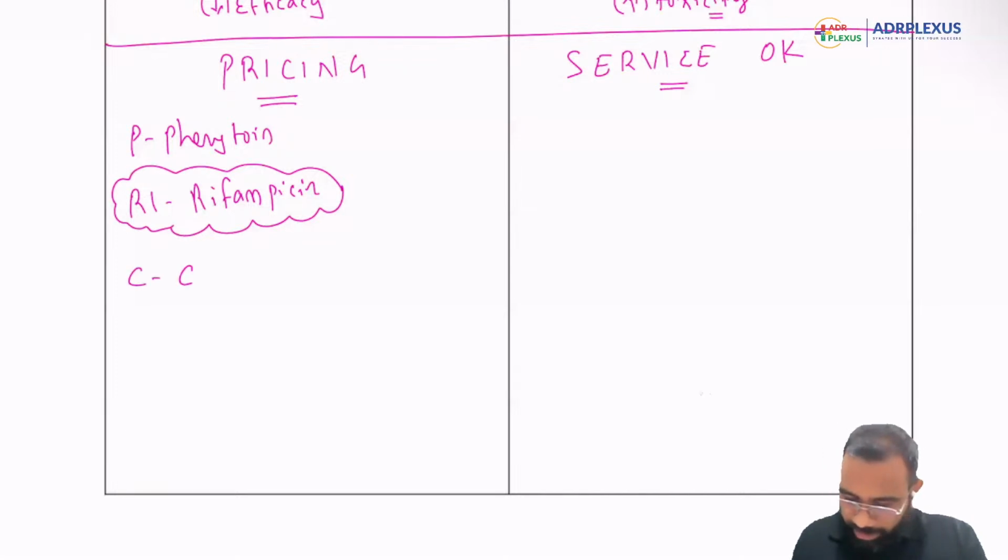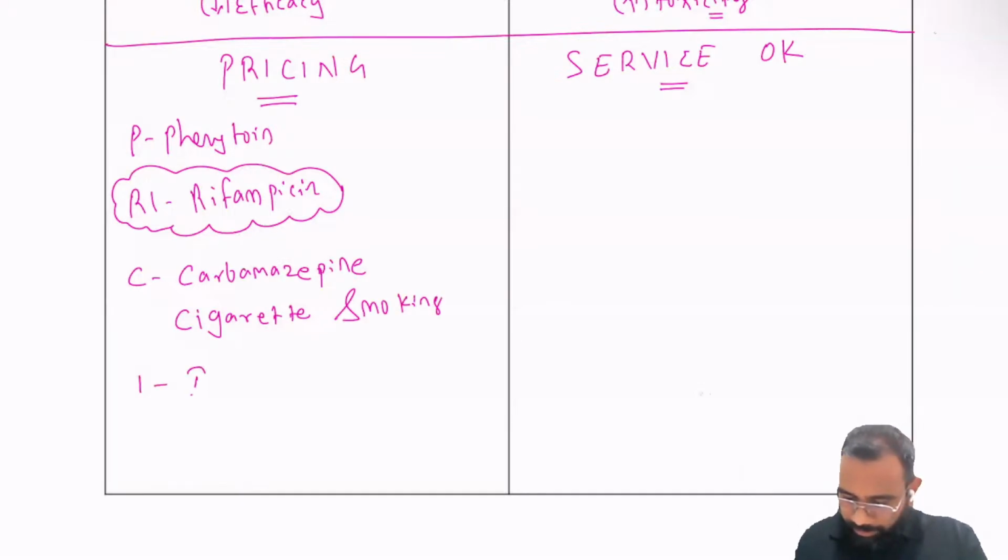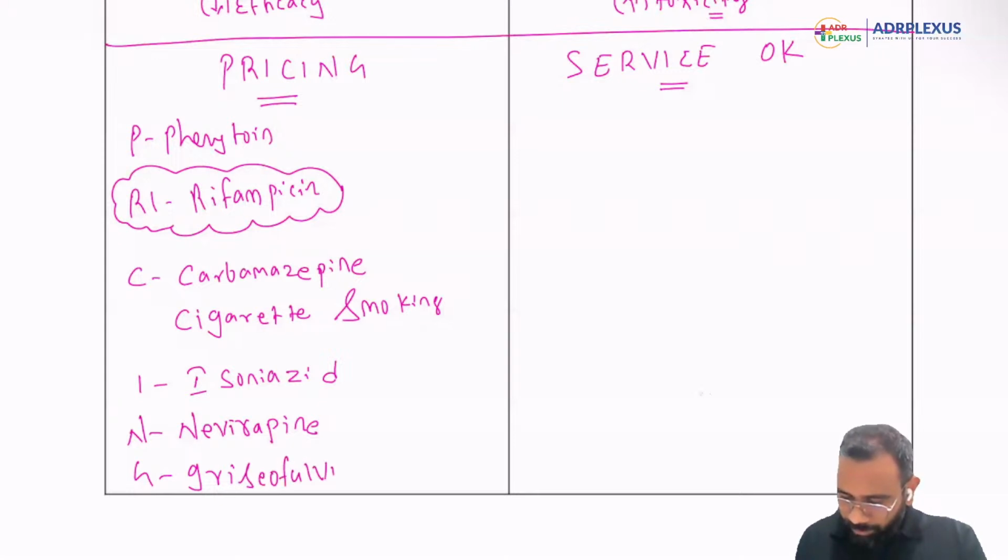C, carbamazepine, and as well as cigarette smoking. I, isoniazid, N, nevirapine, and G, griseofulvin. These are all enzyme inducers.